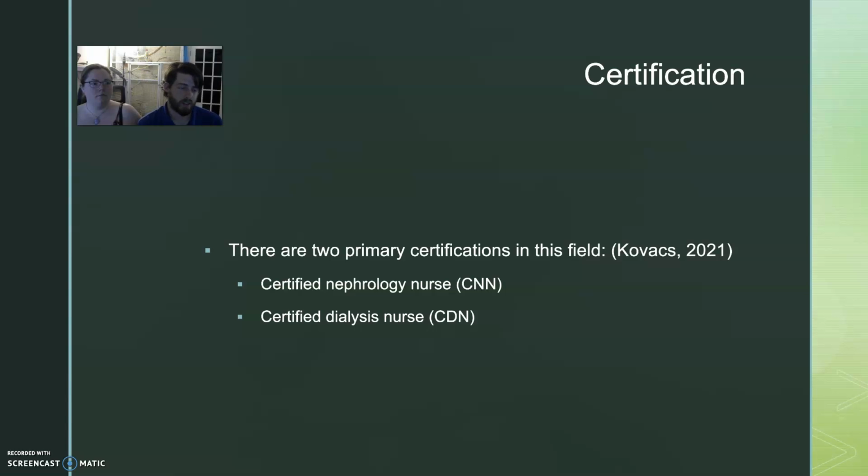And obviously there's a certification process involved with that. And then there's the Certified Nephrology Nurse, which is more general, providing care for patients with kidney issues in general. That requires 3,000 hours working within the field, specifically within nephrology, and 750 of those hours have to be working with either peritoneal dialysis, hemodialysis, kidney transplant, anything like that.